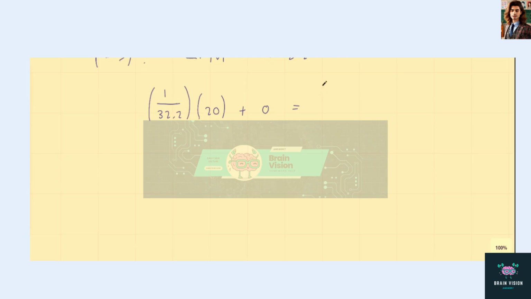After the collision, the momentum of the ball is its mass, 1 over 32.2, times its final velocity, we'll call VA2. This is unknown. And the block has momentum, which is its mass, 10 over 32.2, times its velocity, VB2.